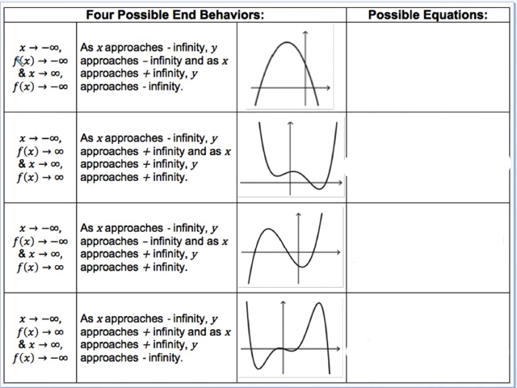So essentially this part right here is just saying on the left side of the graph, the line is going down, and then on the right side of the graph, or as x approaches positive infinity, f of x, or your y value, is going to approach negative infinity. So just from reading this, you could say the graph is pointing down on both sides of the y-axis.